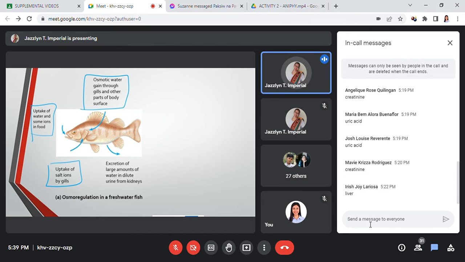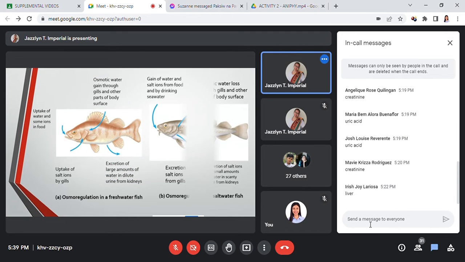Through gills, through body surface, through the food that they eat, and even through the gills, ions are taken in. So, their excretion is large amounts of water, but diluted. On the other hand, for marine fishes, you will see all the arrows pointing out.